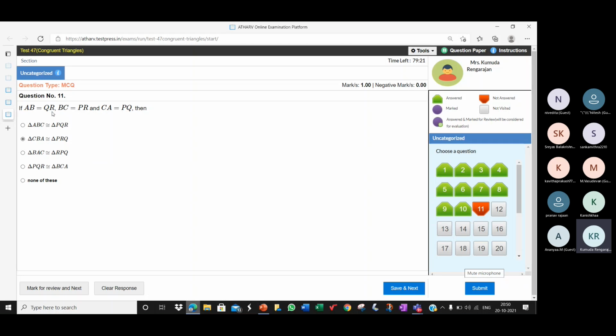And here we have PQ and BC, but it's actually PQ and AC. So CB is equal to PR, BA is equal to RQ, and CA is equal to PQ. So this is the correct option.